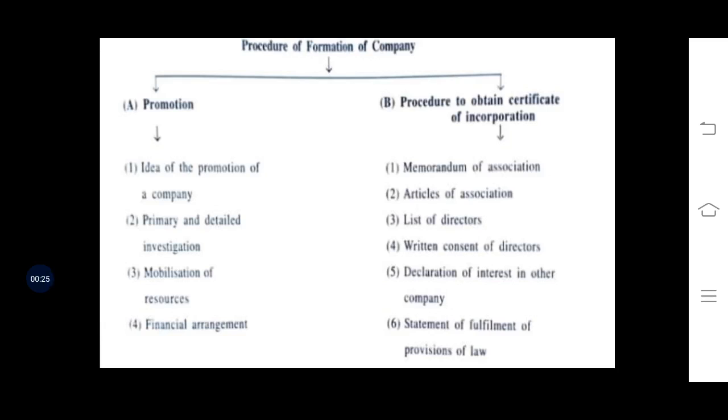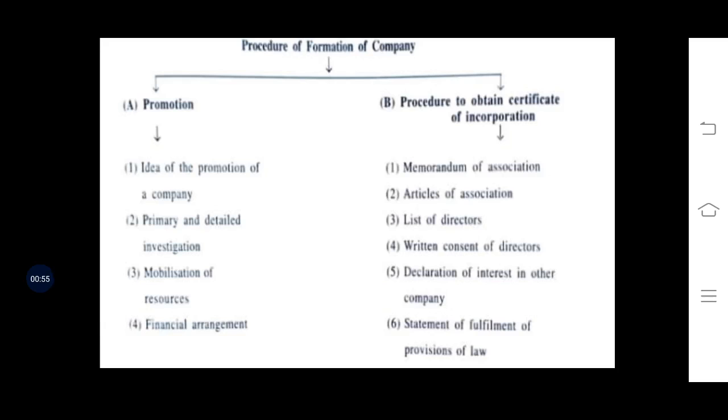Now, in promotion, there are 4 steps. First, the idea of promotion of the company comes in the mind of the promoter, and then a primary and detailed investigation about the business which the company is going to commence is done.